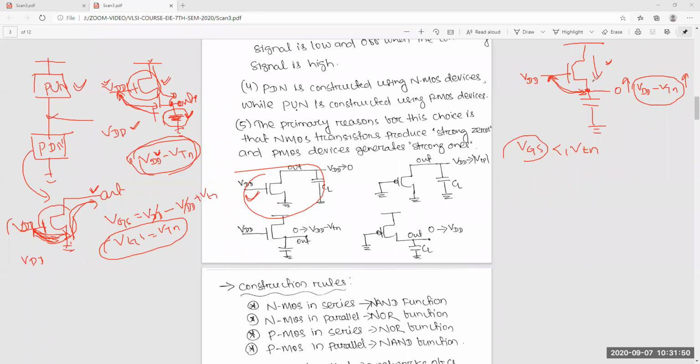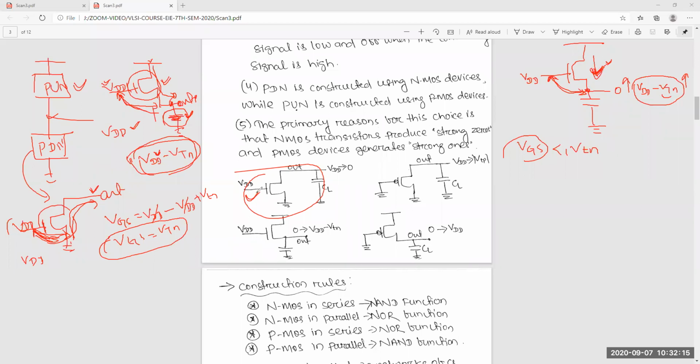There is no current flow. So some portion of the input voltage is lost, and it will not give a strong 0.